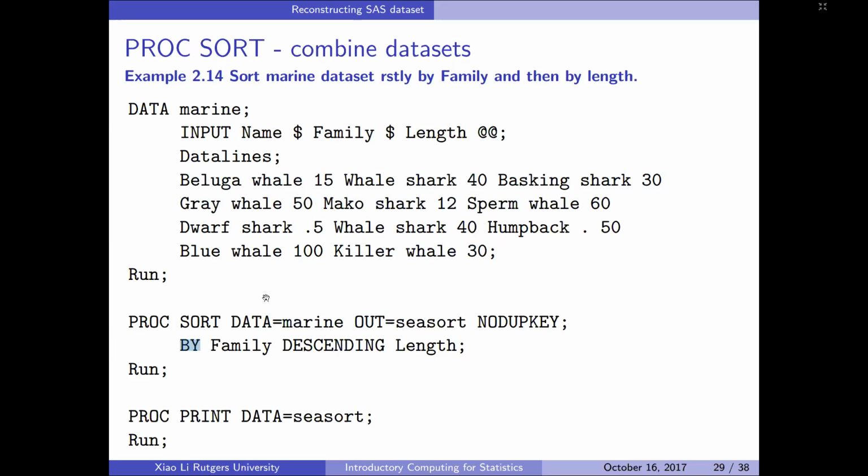So if we run this procedure, the whale family comes first, then it is followed by the shark family, and within each family, the species are ordered in descending order of their length.